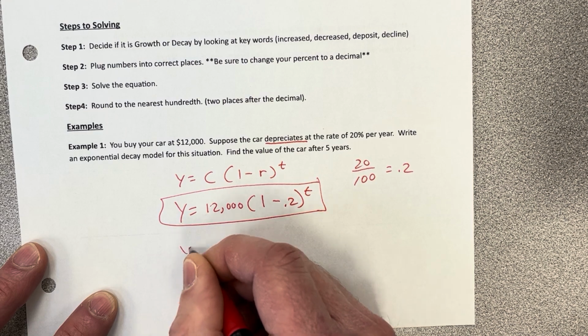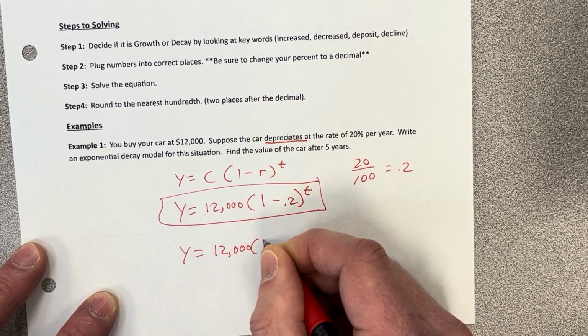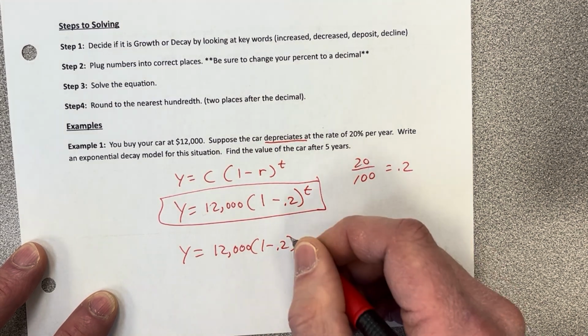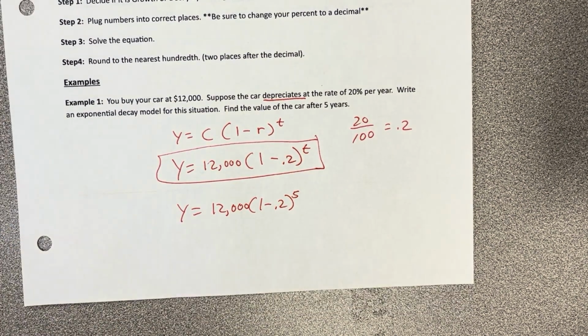But now they want us to find out how much the car is worth after 5 years. Now this is where you've got to be careful, and depending on what calculator you have, you're going to do things a little differently. Let me grab a calculator real quick.